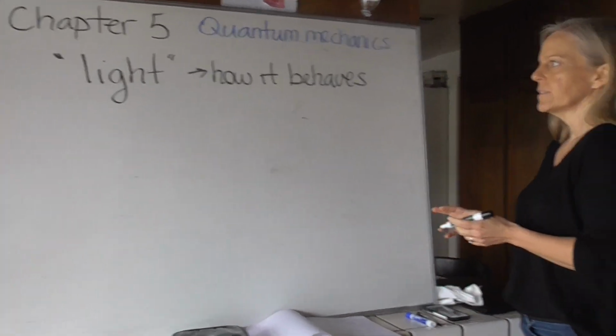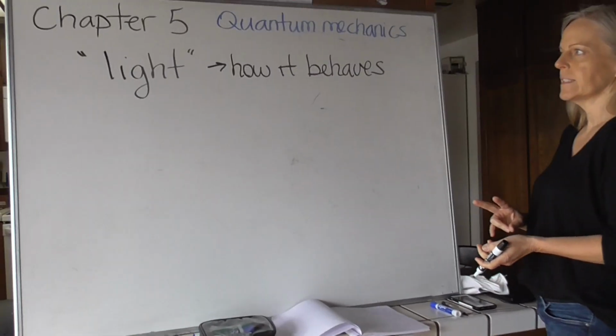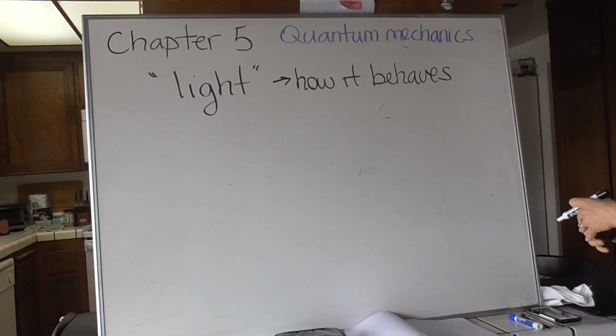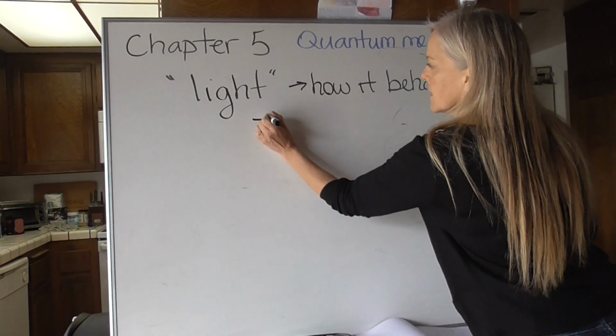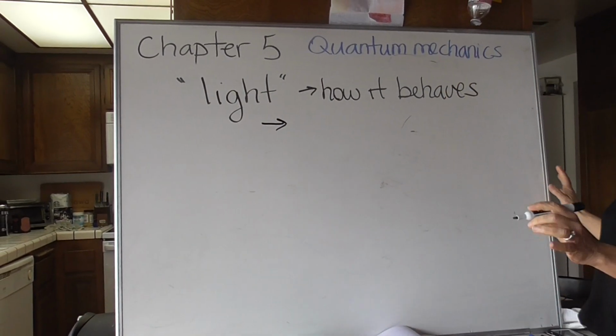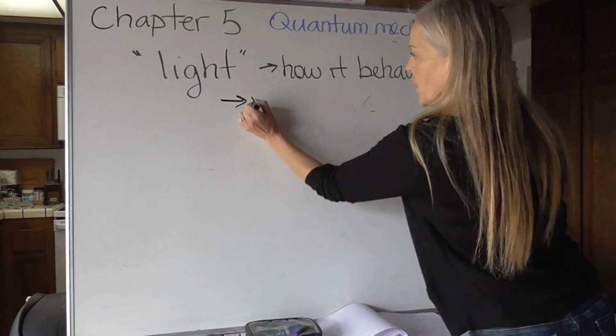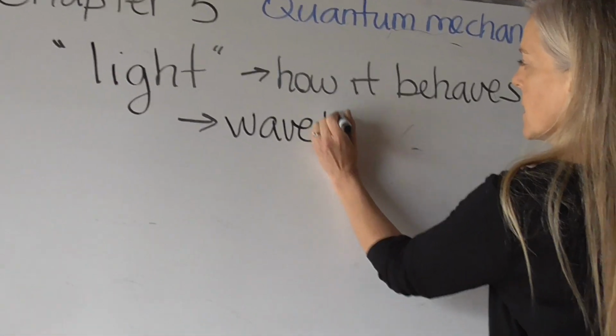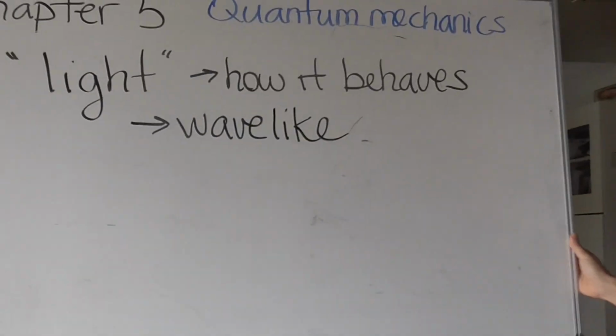So light has 2 ways that it appears to be. Light appears to kind of be like a wave, and they've done experiments to show how it's kind of like a wave. So we say it's wave-like.